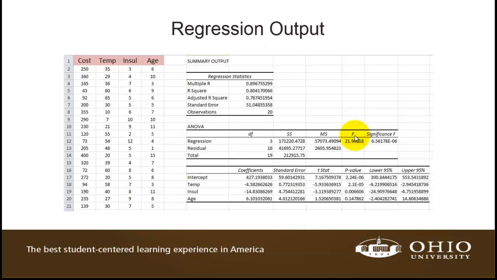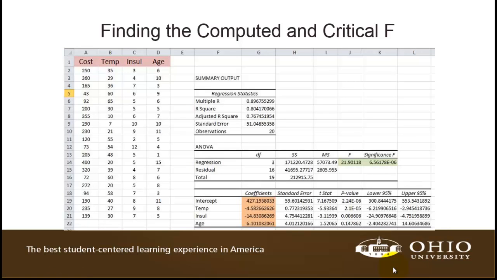So here we have a sample regression output for this particular data. If we take a look at it, we've got some things highlighted here. This F value is the F value for the global test. This is the p-value, which is 0.000006, a very small number.